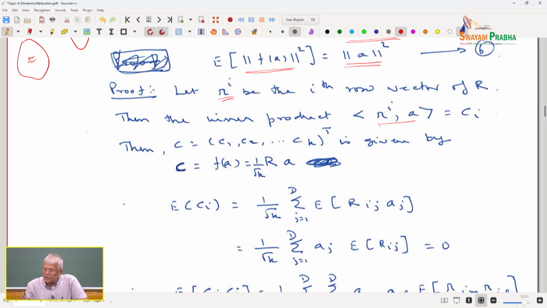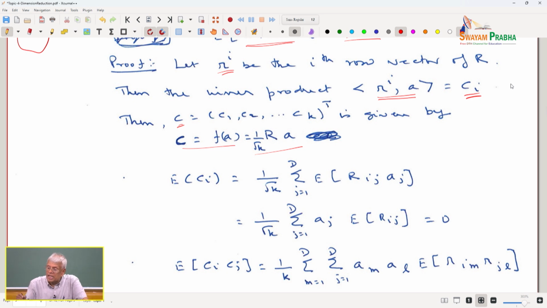So I'm interested in the inner product of R^i with a. I'm going to call the output a vector C. So C_i is the ith component of that vector C. So C as a vector is f of a, which is equal to 1 over square root of k times Ra.